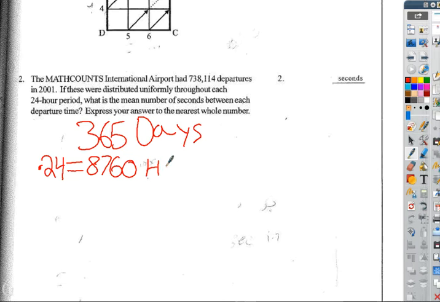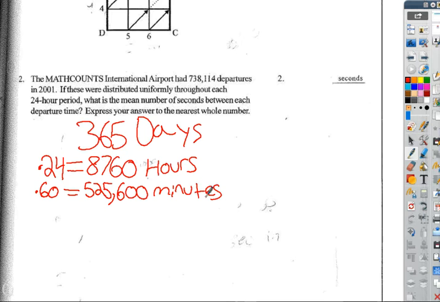Then we multiply this by 60, because there's 60 minutes in each hour, to get 525,600 minutes. And then we multiply by 60 again to get 31,536,000 seconds, because there's 60 seconds per minute.